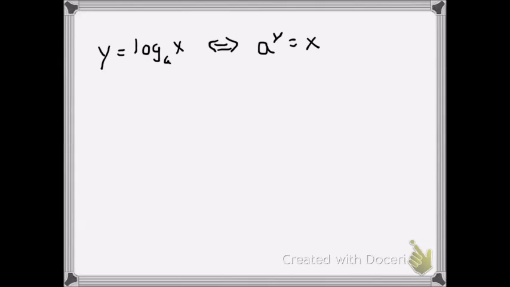So here we have log base a of x equal y is equivalent to a to the y power equal to x. If we switch the x and the y in our exponential form here, what we will find is the inverse of our log function.